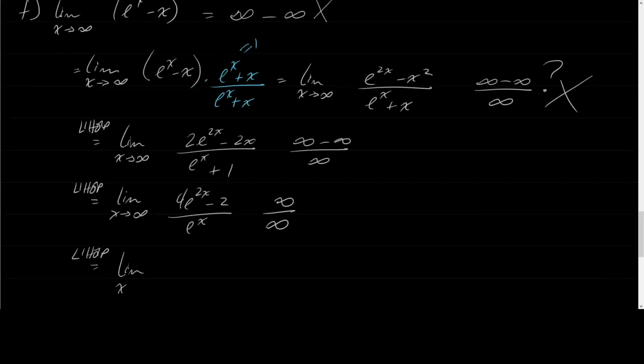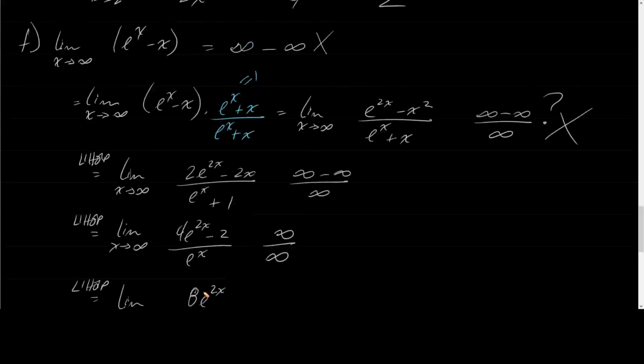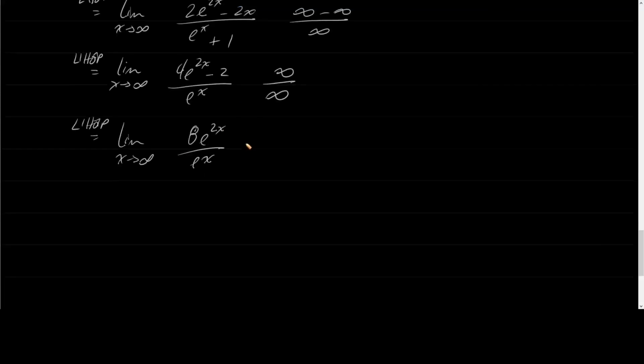So limit as x approaches infinity. This now becomes 8e to the 2x over e to the x. But notice now that I can simplify this, and this becomes the limit as x goes to infinity of 8e to the x. These two right here, subtract the exponents.